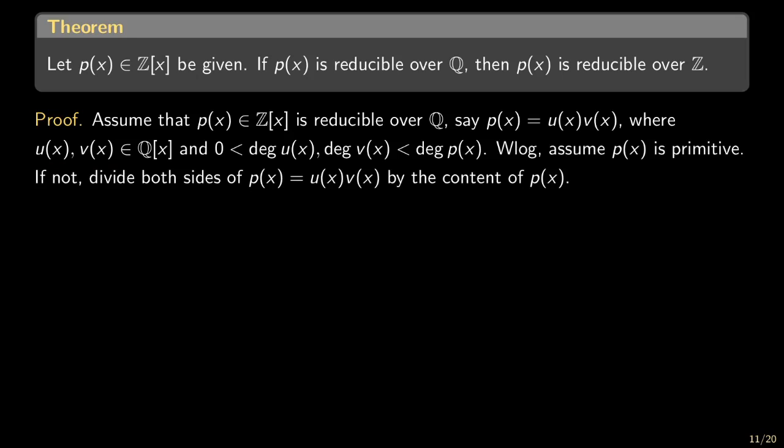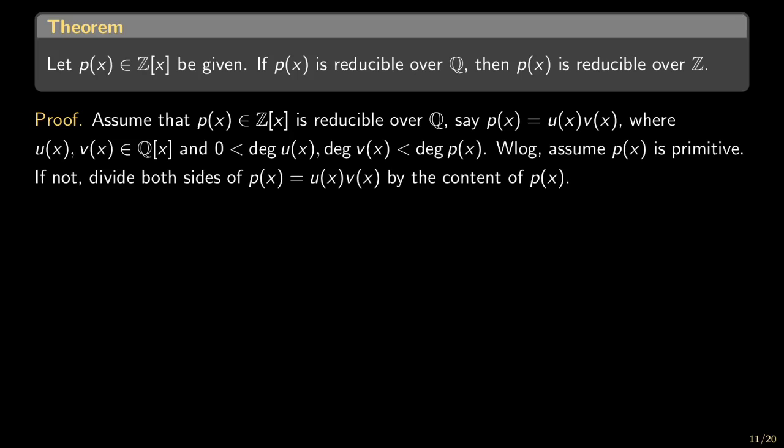Assume without loss of generality that p of x is primitive, because if p of x is not primitive, then I can just divide both sides of this equation by the content, which is the GCD of the coefficients, and then the common factor for the coefficients will be just 1.